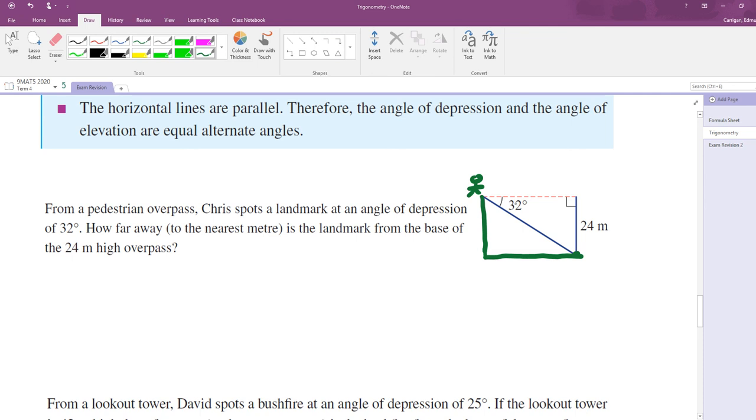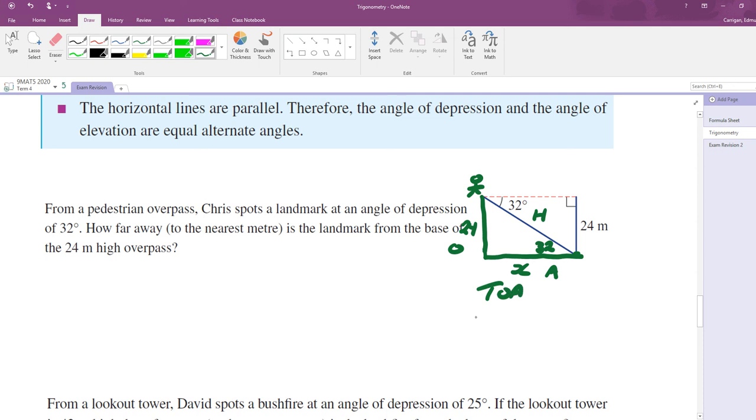What we can do is we recognise that this is our 32 degrees. This is our height that he is at, 24. We need to find how far away he is here, at X. So we set it up. This is our opposite, this is our hypotenuse, and this thing here is our adjacent. We have got O and A, so we have got TOA.